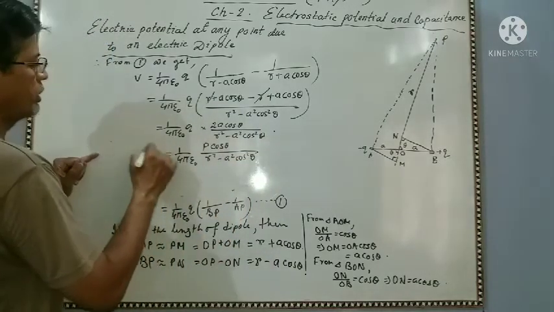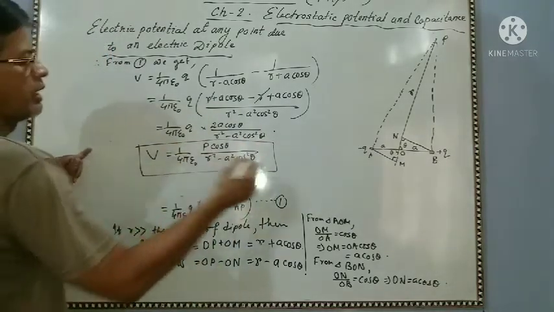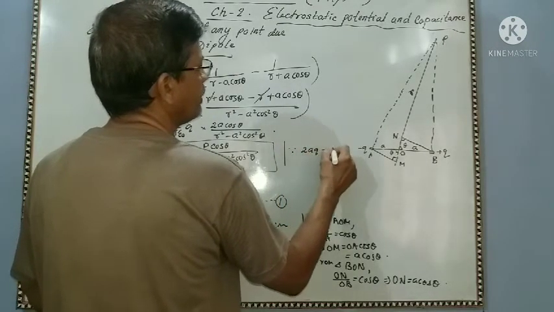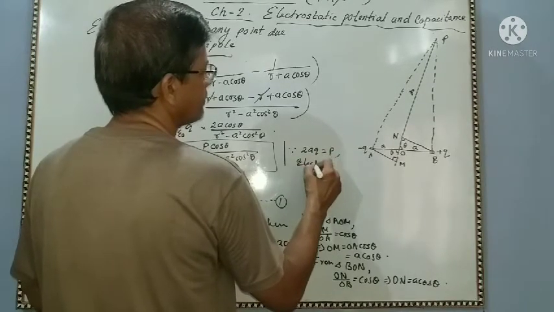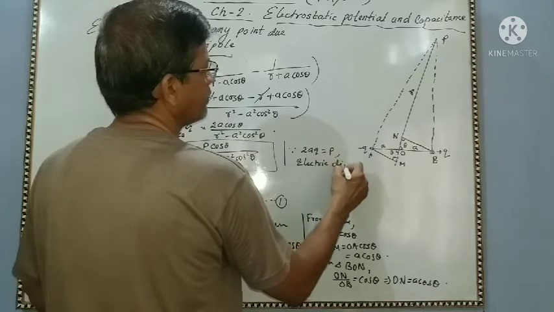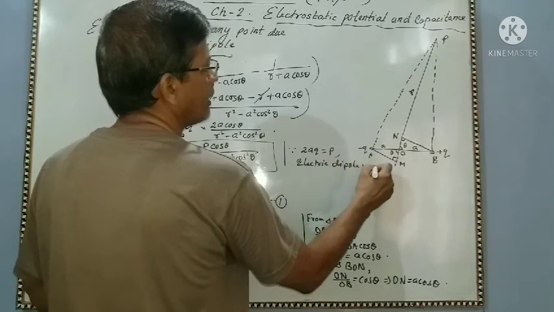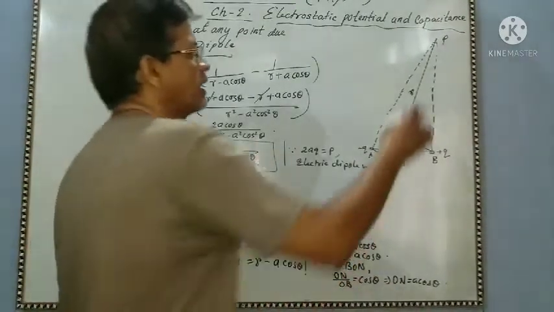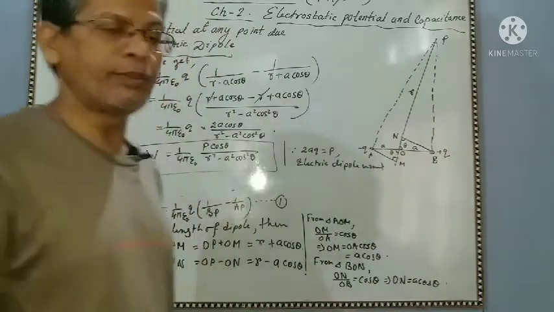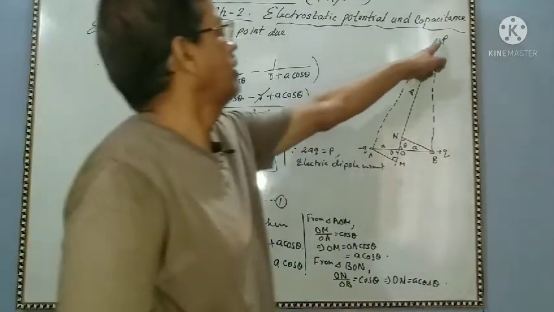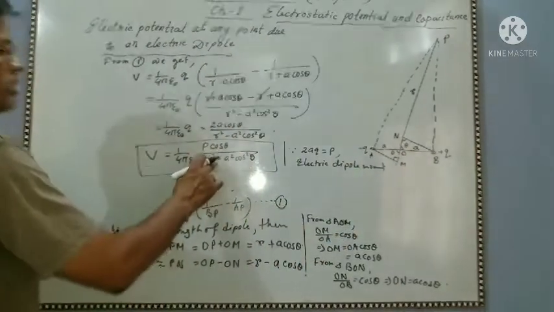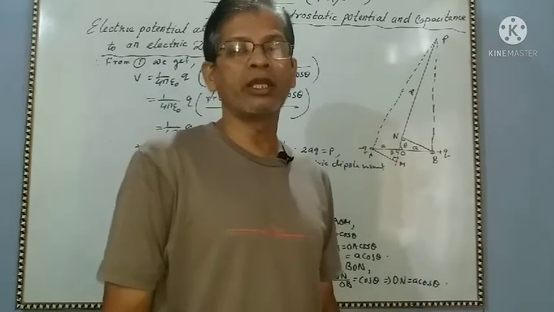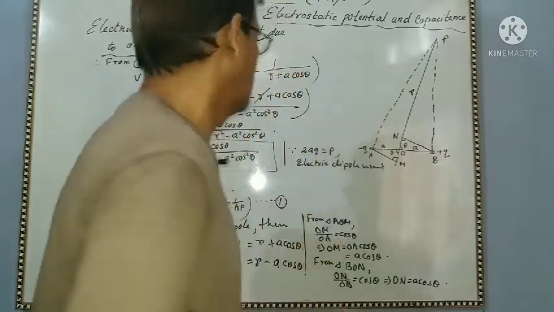This is the expression for electric potential at point P due to this dipole AB. Now what will be the electric potential in the axial line and equatorial line?